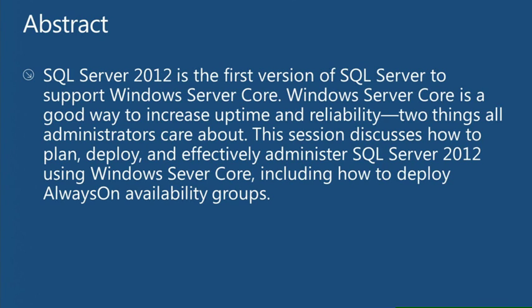What we're going to do is spend about 30 minutes or so talking about Windows Server Core and how to install SQL Server on Windows Server Core. We will then kick off an install of SQL Server. While that's running, Tom is going to take over and talk for about 30 minutes on using PowerShell commands to administer your SQL Server instances.